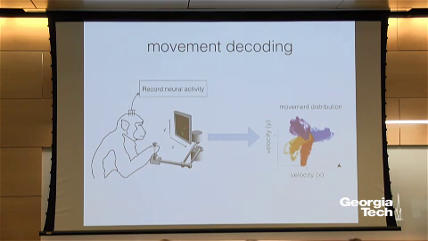If we look at the distribution of the movements this subject carries out, for a few different reach directions, each of these data points is a single point in time. The x-axis is the velocity in x and the y-axis is the velocity in y. What we're seeing here are the trajectories, or the distribution of movements, to 4 different reach directions in this case, each color-coded according to which direction the subject was moving towards.